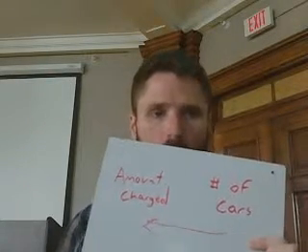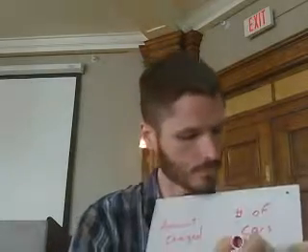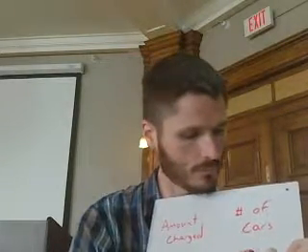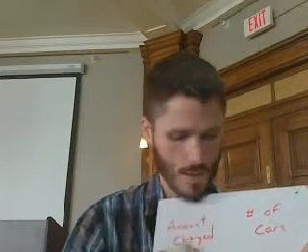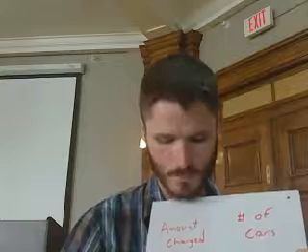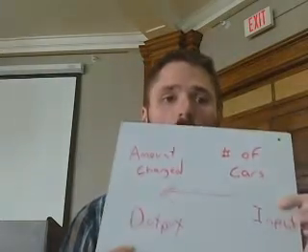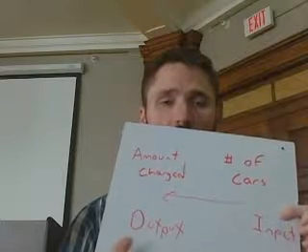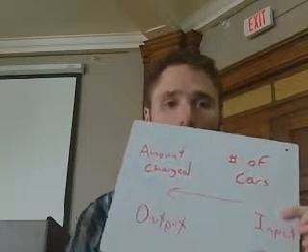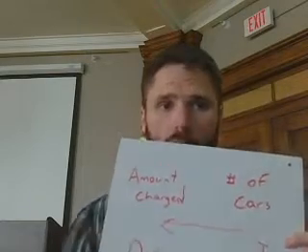Okay? So that would make this the input, and this the output. The output is always the dependent variable. It's the one that's dependent on the other one, and that would make sense here. The amount charged is dependent on the number of cars. So that's those two answers.